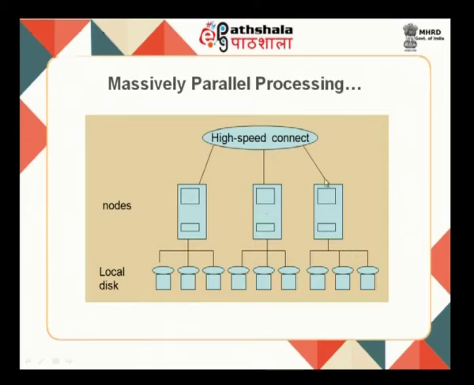All these nodes are connected to a high speed interconnect. From this diagram, we can understand the data or disk associated with a node is specific only to that node, and the disk is not shared across the nodes. So, when a particular node does not have the data, it cannot depend on another node's data. That is why it is said to be a shared nothing environment.